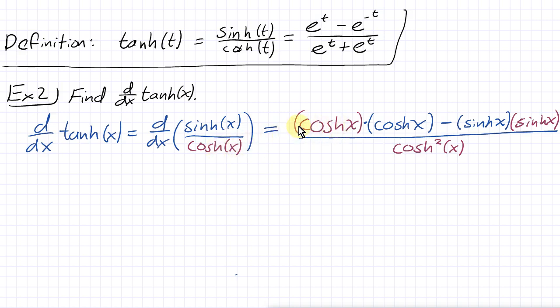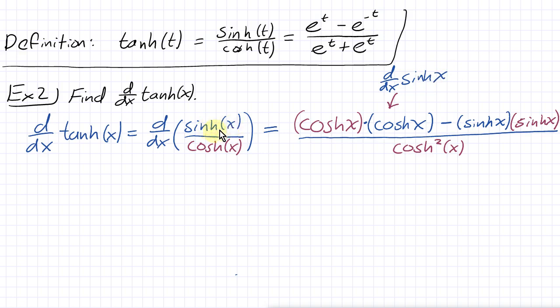So we've got low d high minus high d low over the square of what's below. And the derivative of sinh x, remember, is just exactly equal to cosh of x.